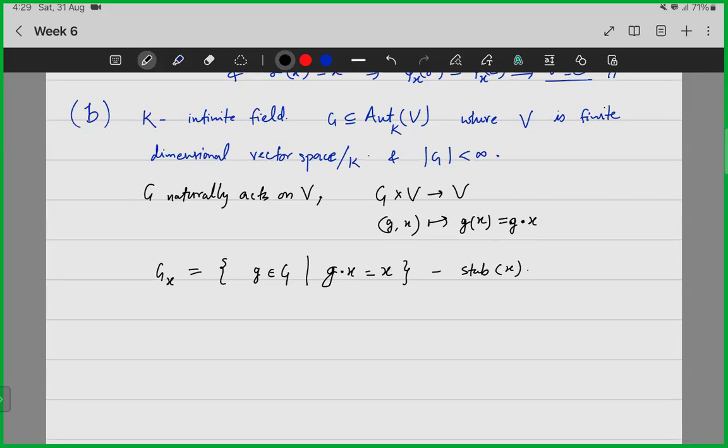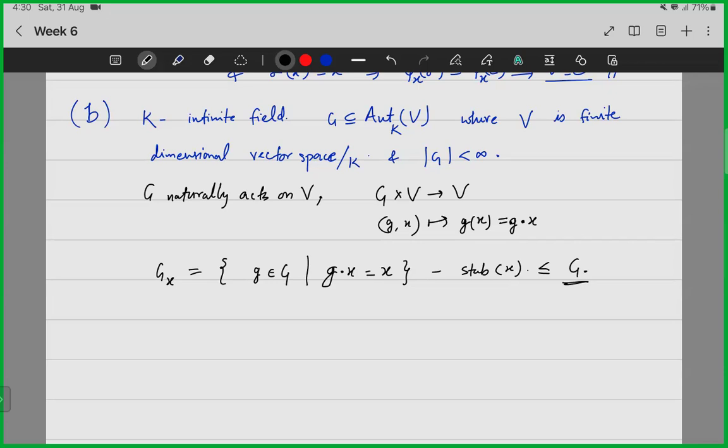Now, note that this is a subgroup of G because identity anyway belongs to this. Identity fixes everything, so in particular it fixes x. And if g fixes x and h fixes x, then hg of x is also x, because by default the action is associative.